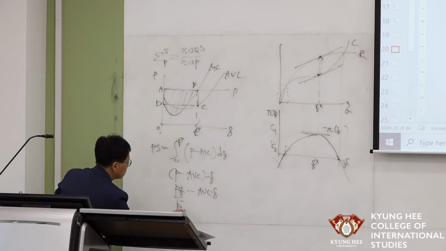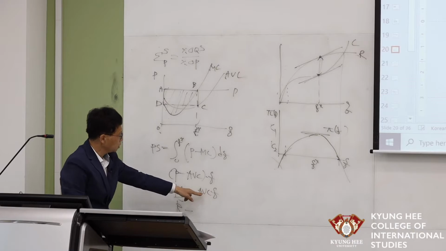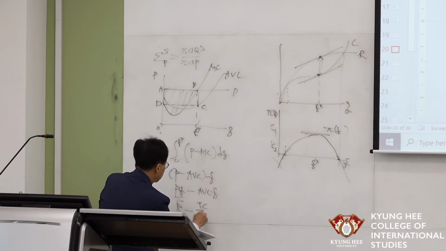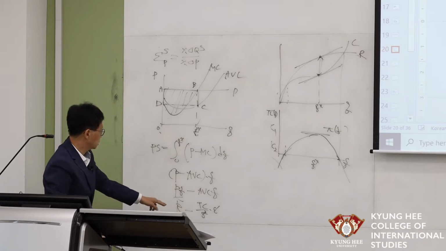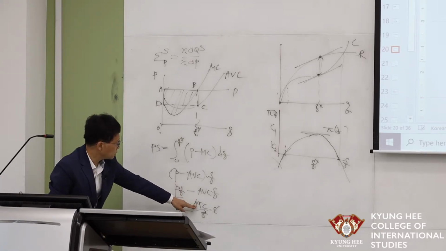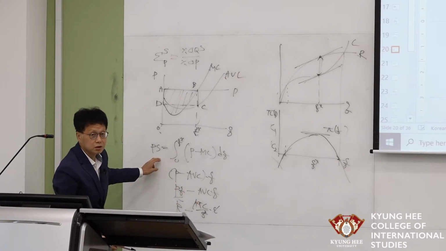And average variable cost is variable cost over Q, so variable cost divided by Q, multiplied by Q. So Q disappears. Okay?